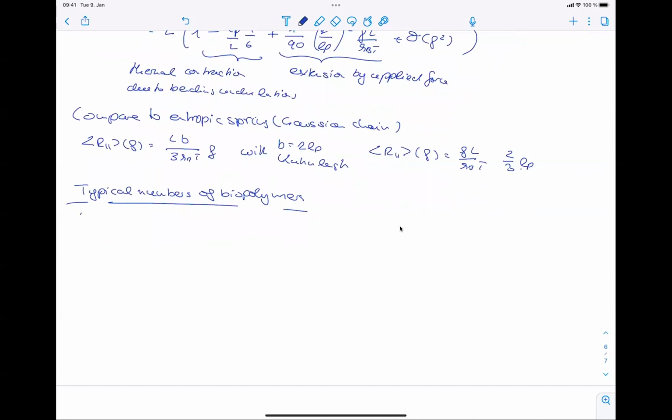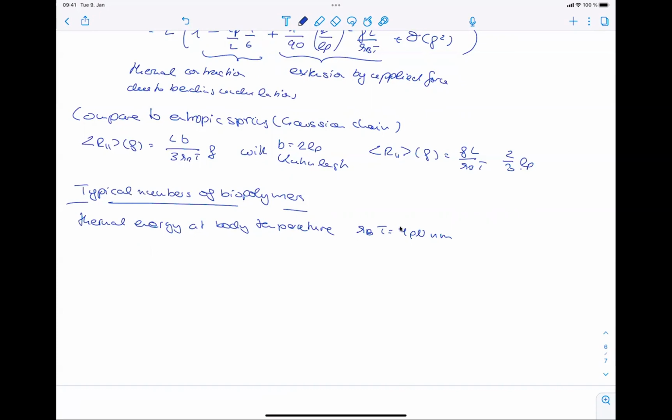As a number that is really useful to memorize, the scale of thermal energy at body temperature is 4 piconewton nanometer. So kBT is 4 piconewton nanometer. That's the scale, roughly. That's the number.